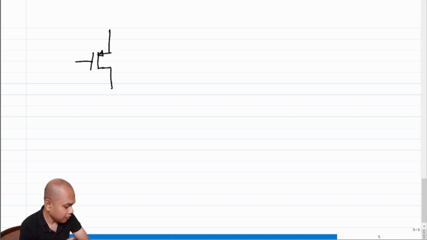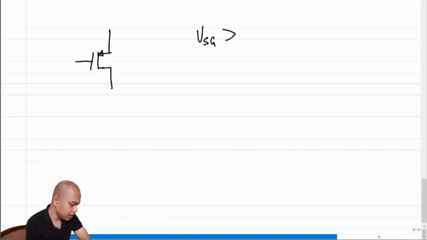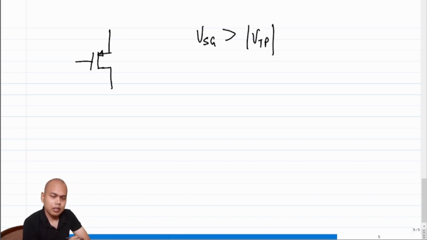Right. So what is the strategy? So what do we know? We need to ensure that VSG is greater than some mod of VTP, right? VSG has to be greater than some mod of VTP.